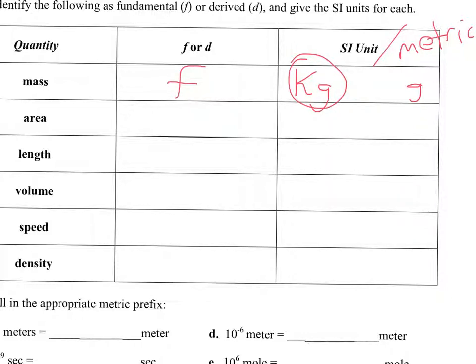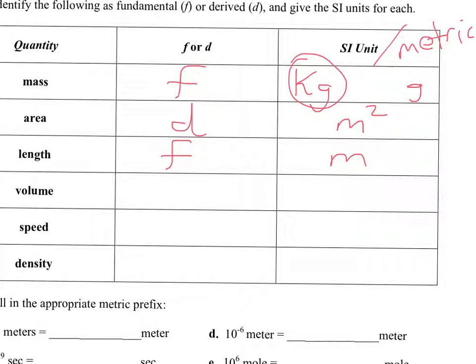So the next one is area. Is area fundamental or derived? Well, area is just length times width, or basically 2 lengths. So that's a derived unit. And we use meters squared or square meters. Length, that is a fundamental unit. That's meters.